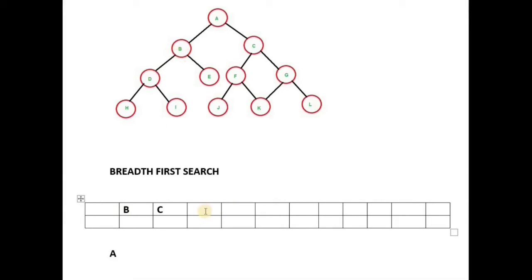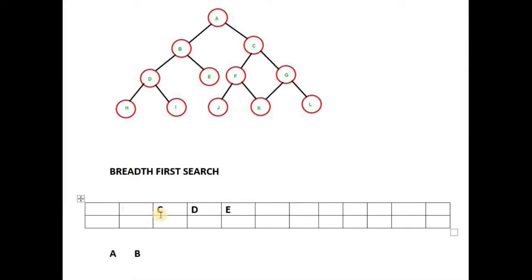D and E. So I will write D and E here. These are the two nodes which I can visit from B. I cannot visit any other nodes from B. Then I will take B out of the queue and remove it from here.